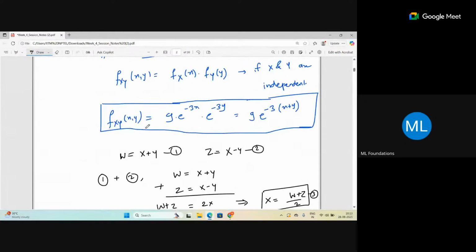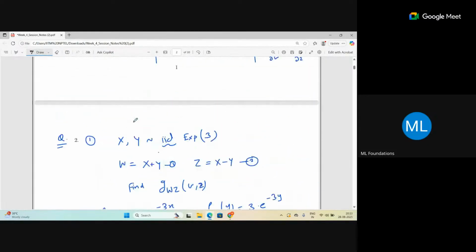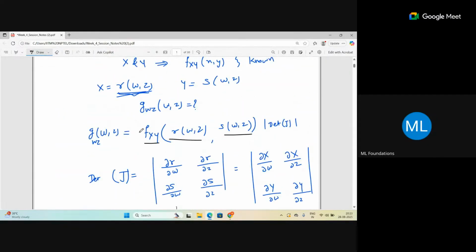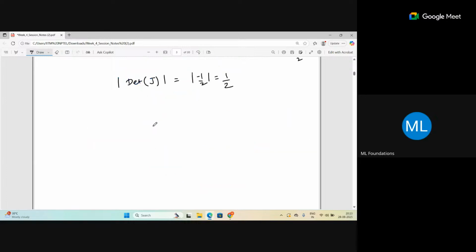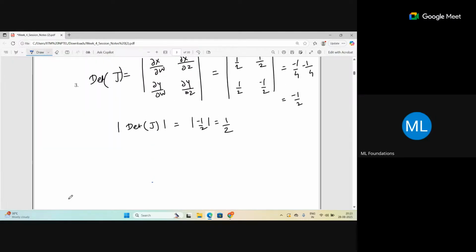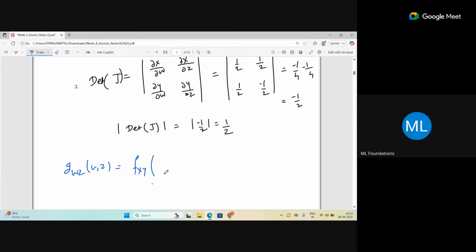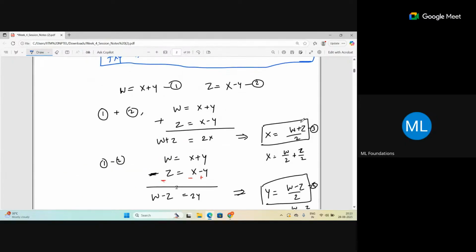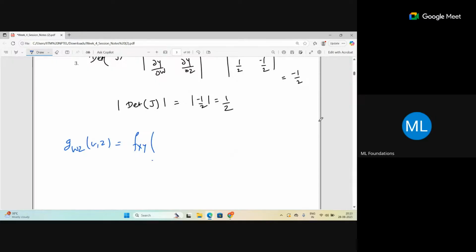Now I substitute everything into this equation to get the joint density of W and Z. It will become f_XY of x, where x is (W plus Z) by 2, and y is (W minus Z) by 2.